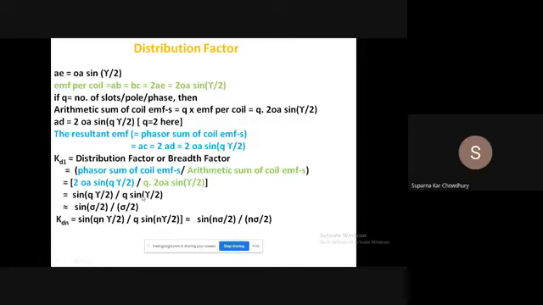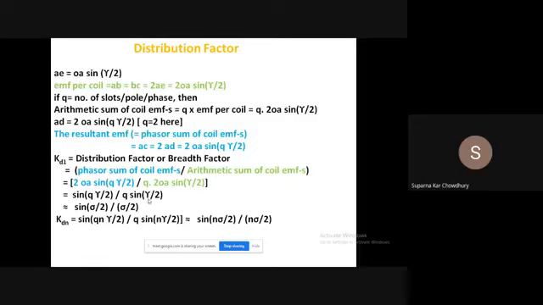So whatever be the percentage of harmonic in the flux wave, the corresponding percentage of the harmonic in the EMF wave will be quite less because of the distribution factor. So distributing the winding makes the EMF wave more sinusoidal.